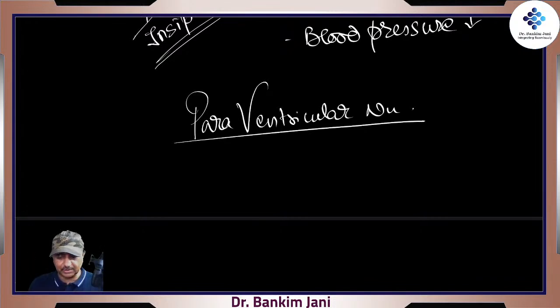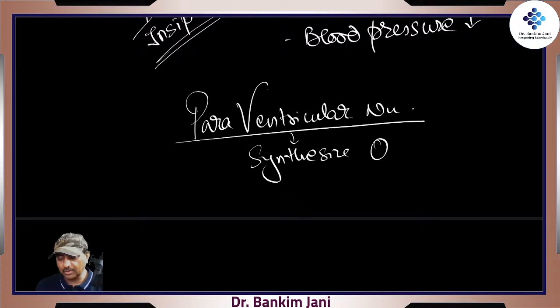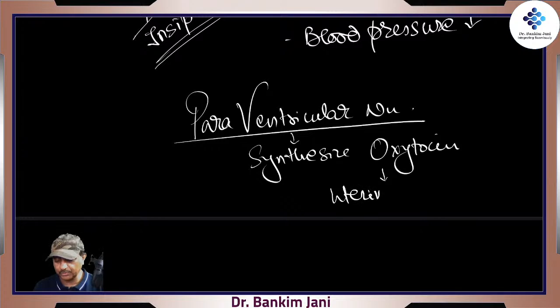This is paraventricular, near. That was surrounding. The function of the paraventricular nucleus is synthesis. It synthesizes oxytocin, and this oxytocin is one of the important substances for uterine contraction.